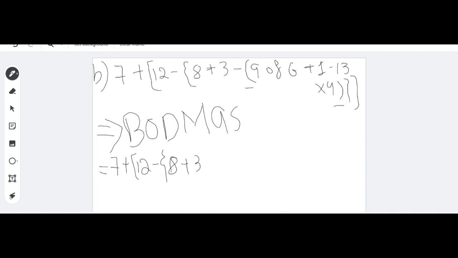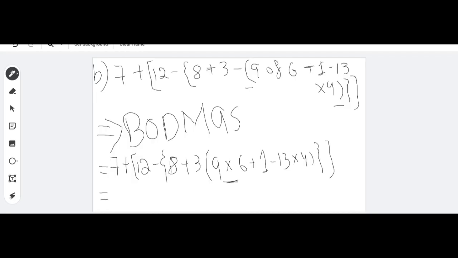I have to put a sign in the place of of. Multiplication. 6 plus 1 minus 13 plus 4, and then we have to close all the brackets. Now here first I have to solve this operation.